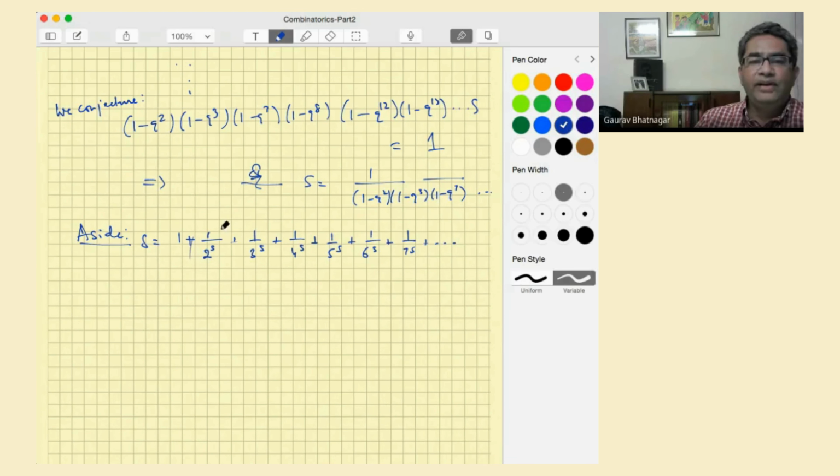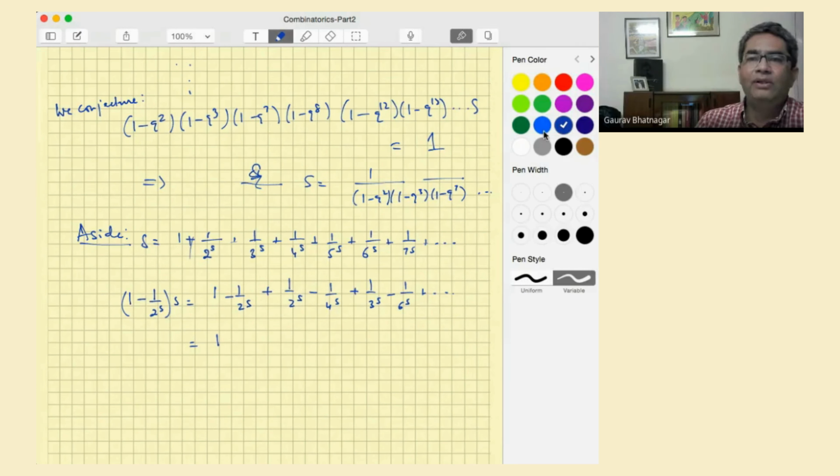So suppose I want to get rid of 1 over 2 raised to s. What do I multiply with? Right? So I'll multiply by 1 minus 2 raised to s, the first term, then I'll have minus 4 raised to s plus 3 raised to s minus 6 raised to s, and so on.